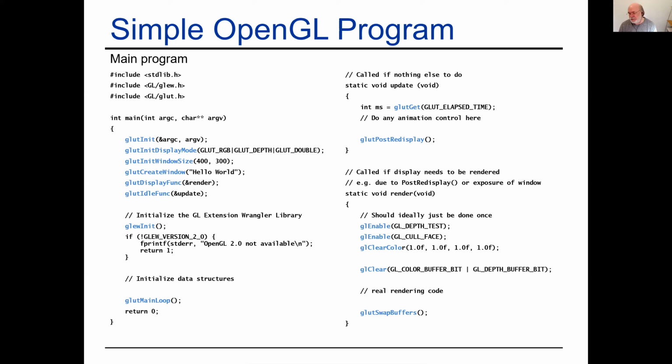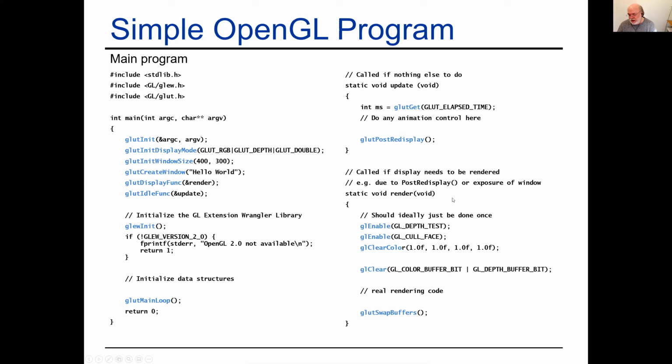For simplicity, we're not doing much here, except that, of course, after we've changed the scene, we have to tell GLUT, please render the updated scene. We do that by telling GLUT to start a redisplay, which simply means, please eventually call the function that we set up here with glutDisplayFunc. So essentially, it will call the render function at some convenient point for GLUT.